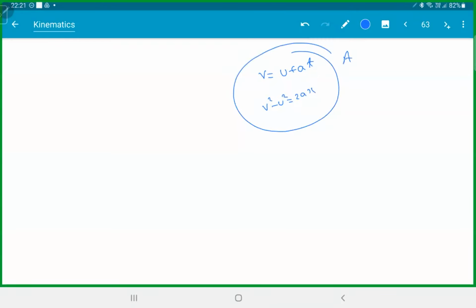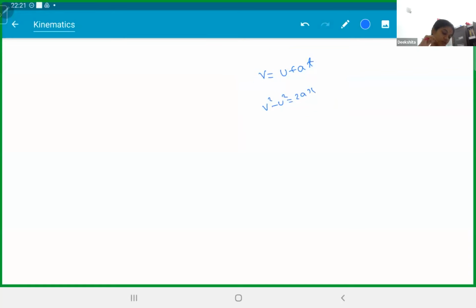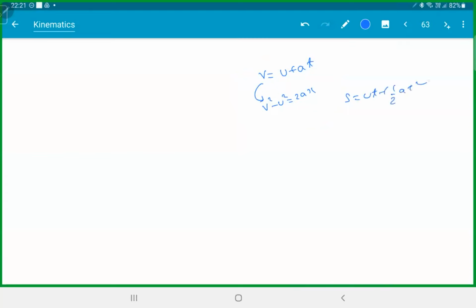So you didn't get anything new. If you take this v and put it here, you will actually get s is equal to ut plus half at square. Got it? You didn't do anything new. You took two equations and generated the third equation. That should not give you anything, ideally.